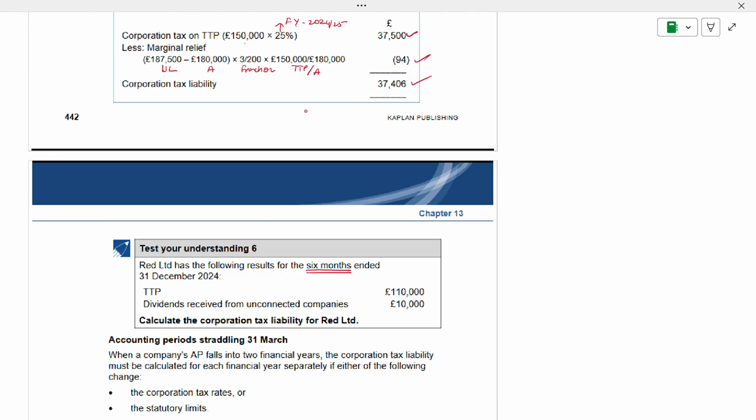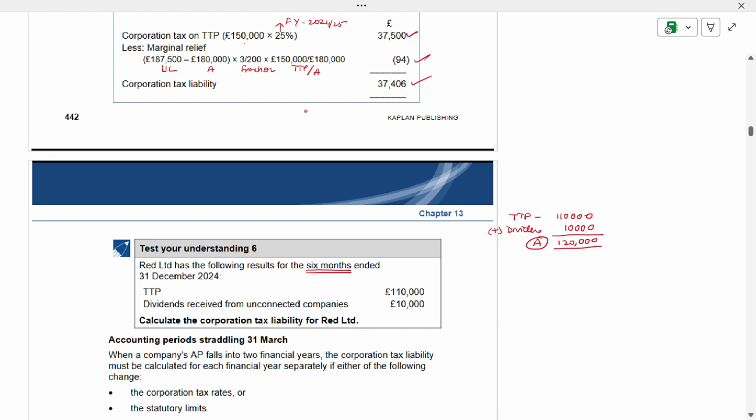Do it for now. This is for 6 months. I'm doing it very short.